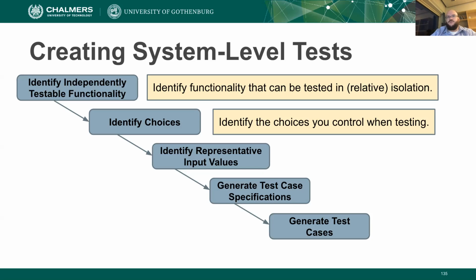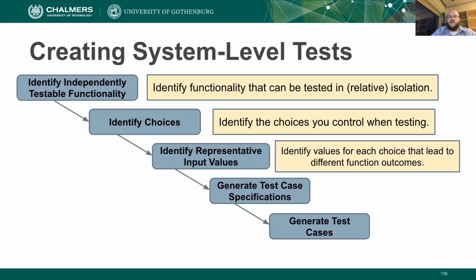Now, the next step then, for each of those choices, what kind of input can we provide to it, right? Not just if it's an integer, not just 1, 2, 3, 4, 5, etc. to the max integer, but what kind of input can we provide to it? How can we carve up the input space for each of those choices into a reasonably small set of choices? Now, for a product line and its features, that's less difficult, right?